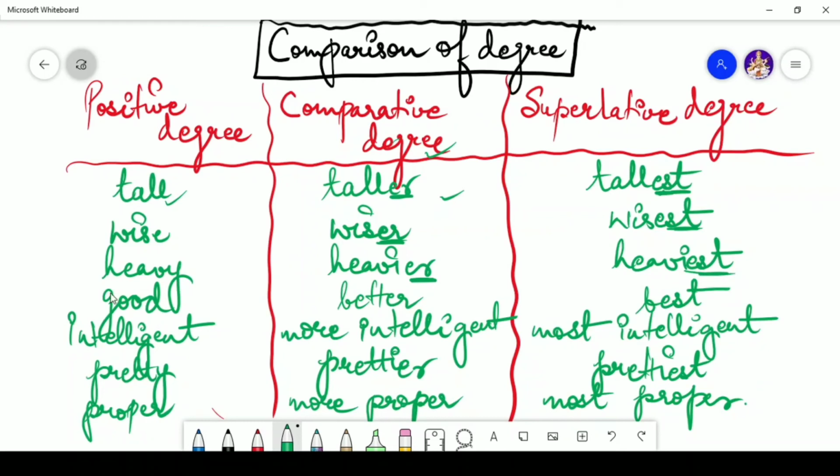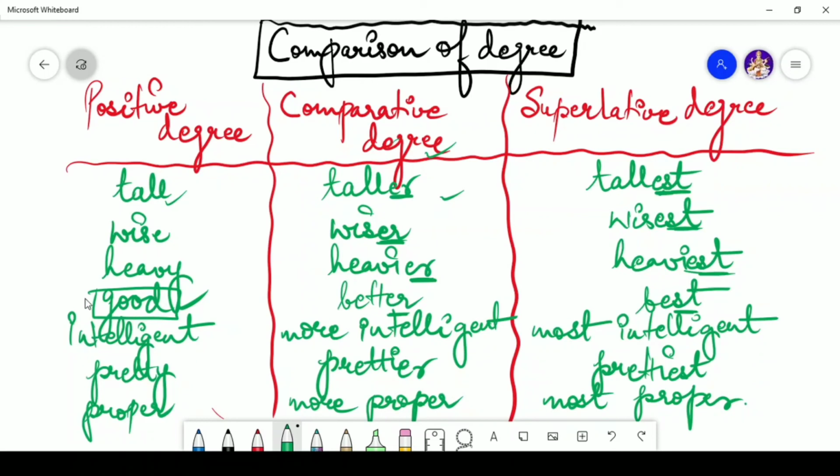Okay, but in case of good, there are some adjectives which become entirely different in the comparative or superlative degree, but again they make use of -er or -est at the end. Like good becomes better, and better becomes best when you are talking about the superlative degree.